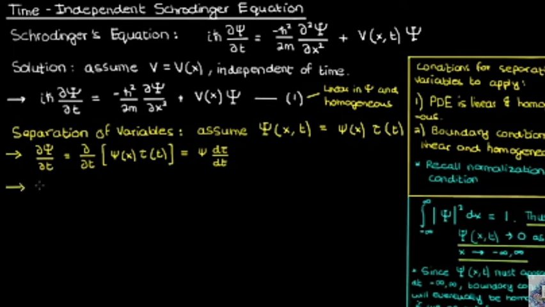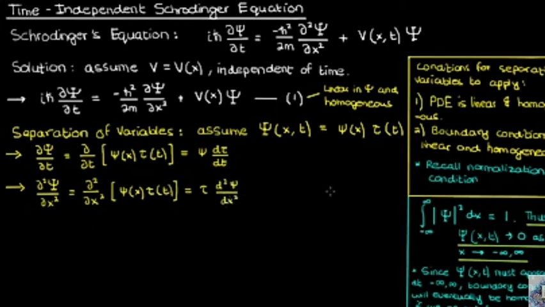Next we will find the second derivative in x of psi. The idea here is similar. The second derivative of psi is the second derivative of small psi times tau, but in this case tau is constant with respect to x, so we can take tau out from the derivative expression. We will be left with tau times the second ordinary derivative of small psi with respect to x.